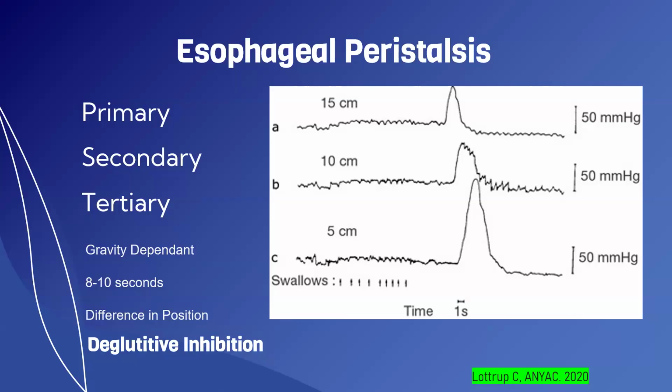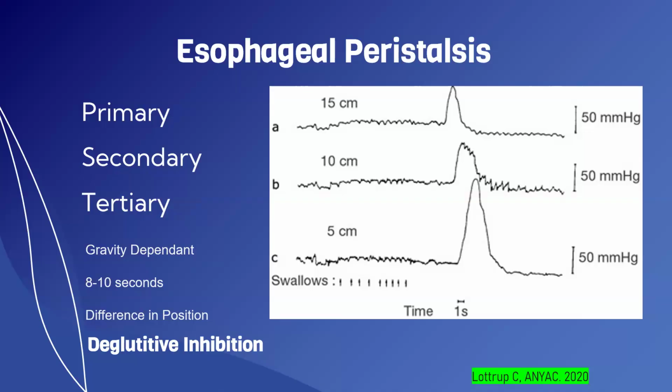Gravity plays an important role upon swallowing a bolus of liquid, or during a test, like when we give barium to the patient. The bolus is pumped back by the tongue into the pharynx, and it will travel all the way to the esophagus into the stomach. It takes about 8 to 10 seconds from the initiation of the swallow to enter into the stomach.